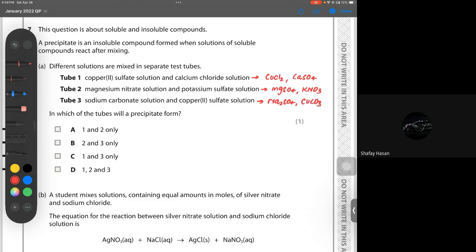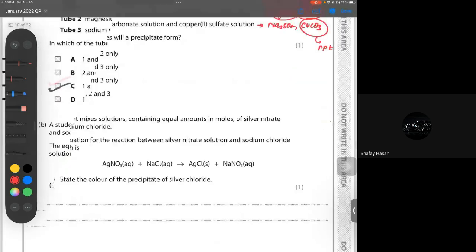Okay, so I would say this is a precipitate, it's insoluble, and this is a precipitate, it's insoluble. So in 1 and 3, I would see the precipitate. This is soluble, this is soluble. When something is soluble, we would not see a precipitate. That would be a clear solution.